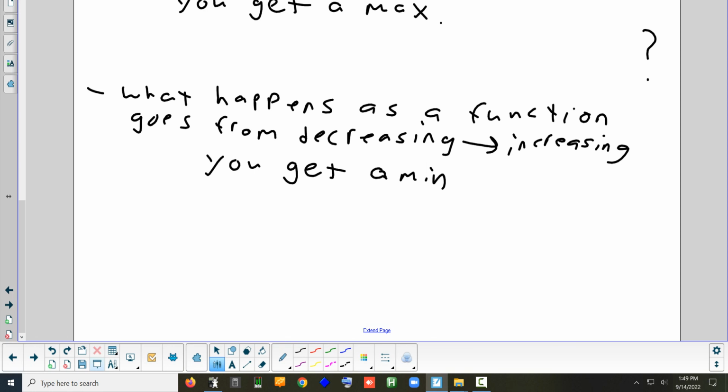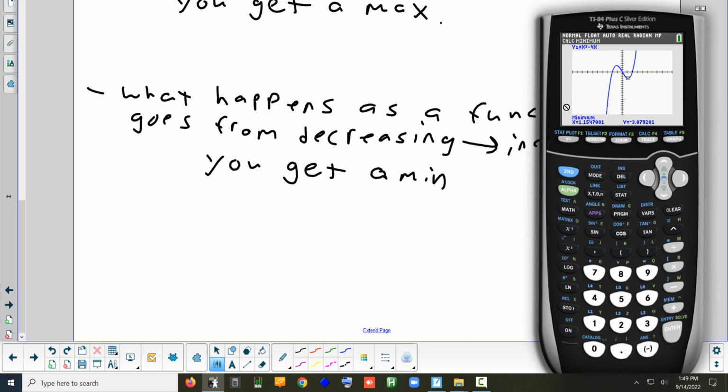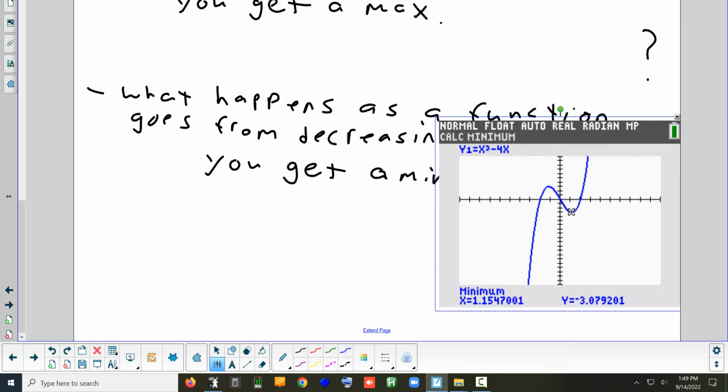So I want to finish up, I want to use that same graph that we already have in here. And I just want to look where this graph is increasing, where it's decreasing. We already calculated one of the values that we need.